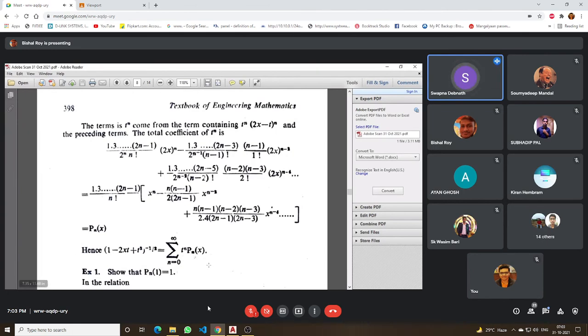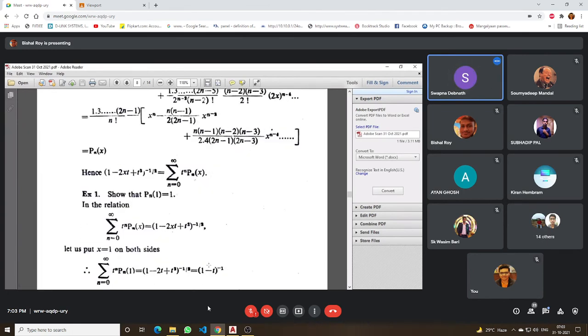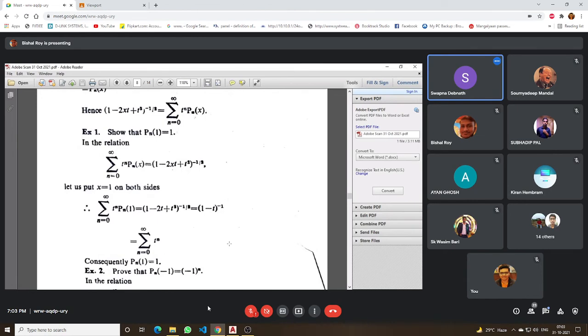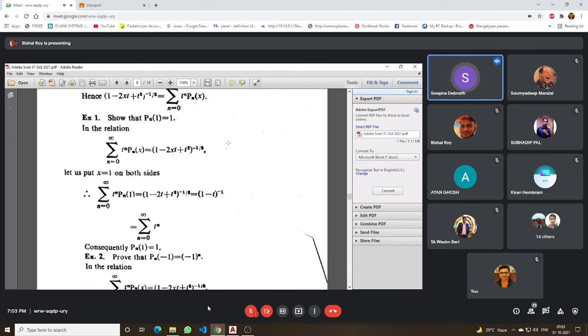Now come to the examples. Show that P_n(1) is equal to 1. We know that this is the generating function. We put x equal to 1 on both sides.